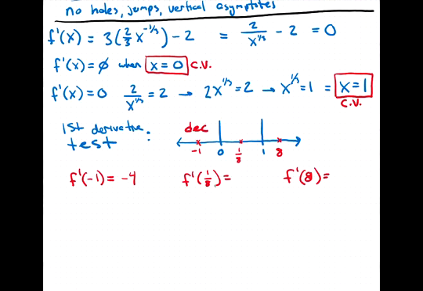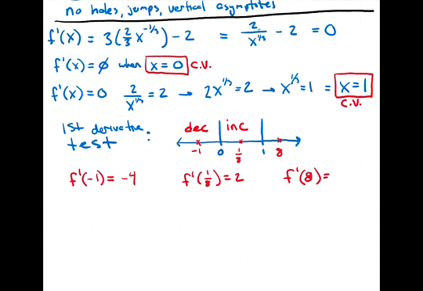Now, let's plug in 1/8. Well, the cube root of 1/8 is 1/2. So we have 2 over 1/2, which is 4, and 4 minus 2 is 2. The derivative is positive, so the graph of the function is increasing. And if we plug in 8, the cube root of 8 is 2, so we get a 2 on the bottom.